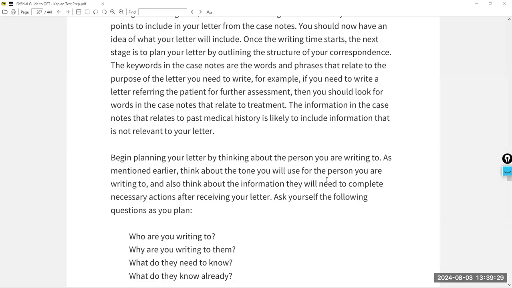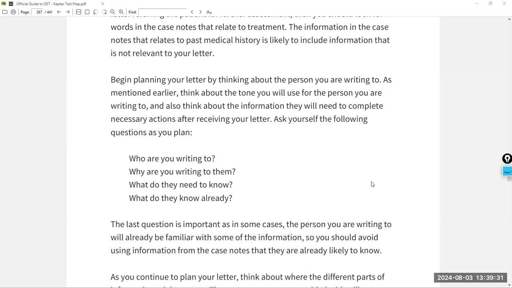So I have to begin planning my letter by thinking about the person I am writing to. As mentioned earlier, think about the tone you will use for the person you are writing to. And also think about the information they will need to complete necessary actions after receiving your letter.